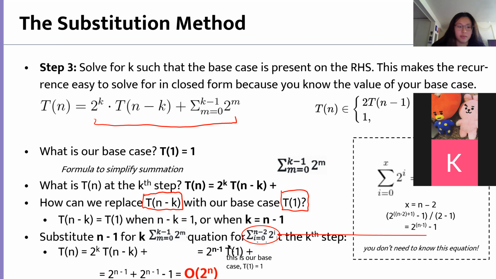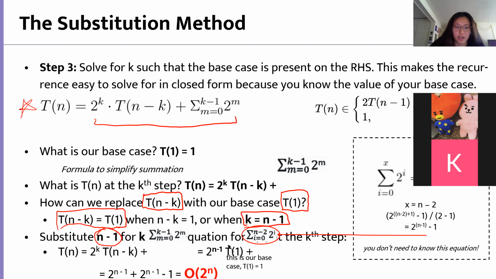So t of n minus k is equal to 1 when k is equal to n minus 1, if you just rearrange n minus k equals 1. And then pretty much what we want to do is substitute n minus 1 for any place we see k in this original equation up here.